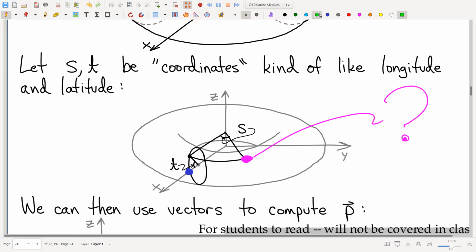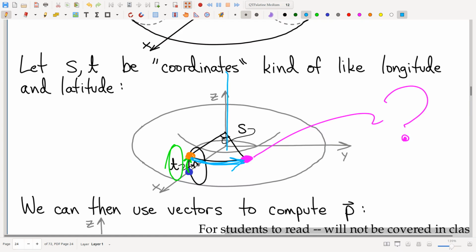I would say, look, from this dark blue point, you're going to have to rotate around the dough, the meaty part of the donut, the doughy part of the donut. You'd have to rotate by some angle. Let's call that T. And then from there, we would have to rotate around the hole.